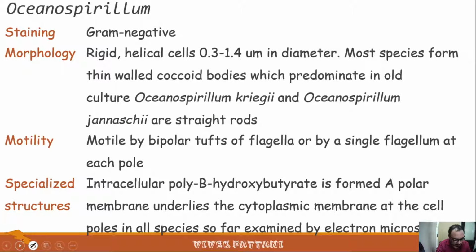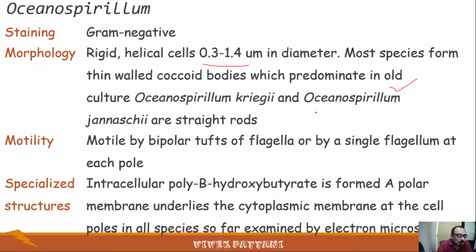The next bacterium is Oceanospirillum, again Gram negative, as we are studying Gram negative groups. Morphology: they are rigid, helical cells with a diameter of 0.3 to 1.4 micrometer, and most species form thin-walled coccoid bodies which predominate in old cultures.